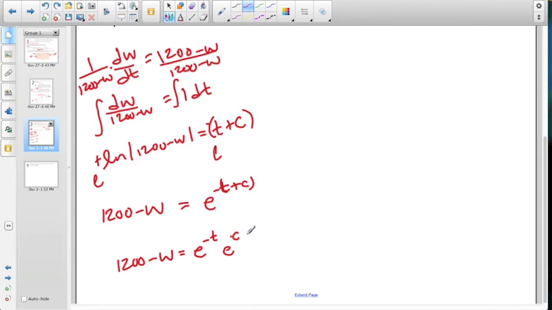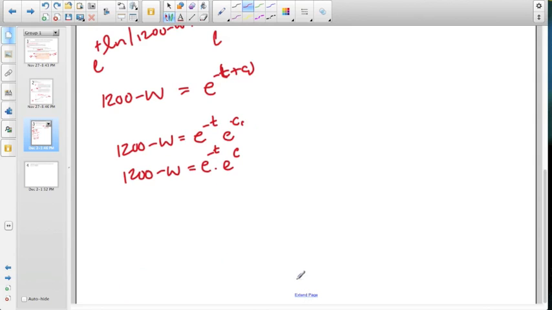So we could call this a c1, and if I called that a c1, then we could really say that this is 1200 minus w e to the minus t times e to the c. And of course, e to the c, Euler's number to some power, is just a constant. So we're just going to call that c e to the minus t equals 1200 minus w.